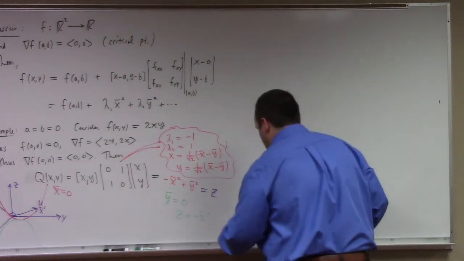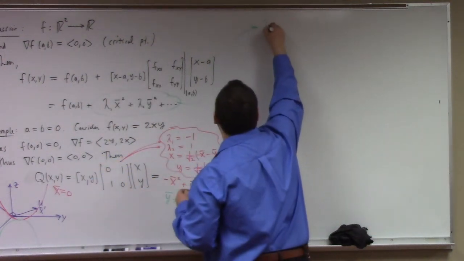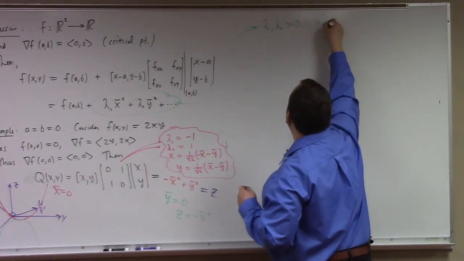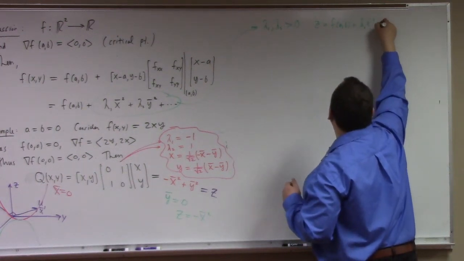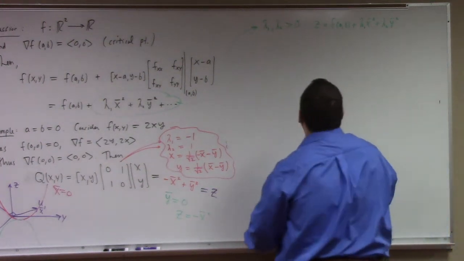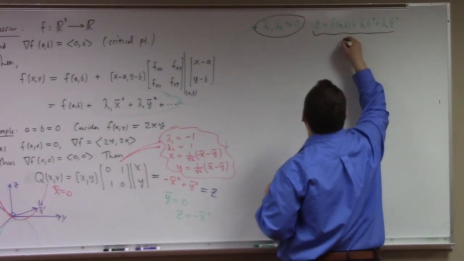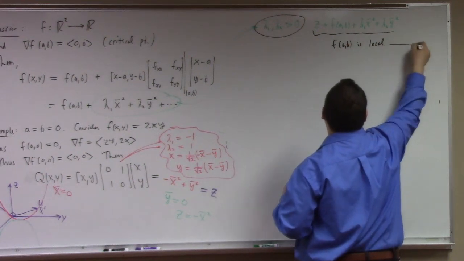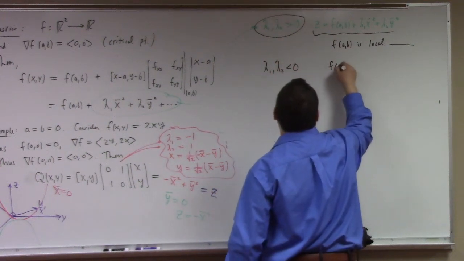If you just look at this formula, it says that if lambda1 and lambda2 are both positive, we're looking at something like z equals f of ab plus lambda1 x-bar squared plus lambda2 y-bar squared, right? What does that say about this case? F of ab is a what? What if we had lambda1, lambda2 less than 0? Then f of ab would be a local what?